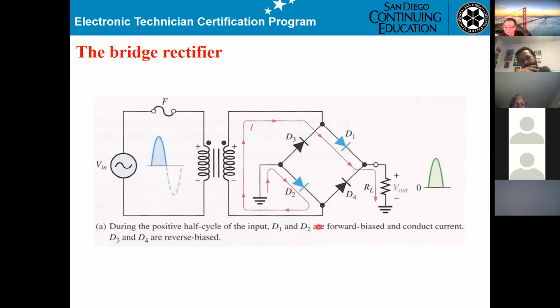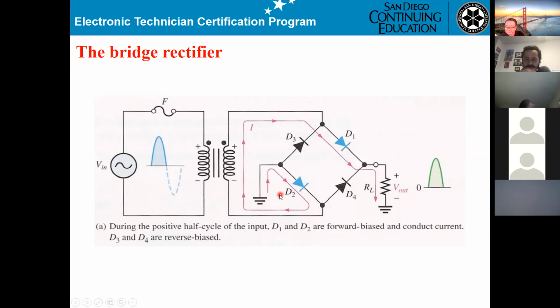I understand it connects here, right? Yes, because the anode of D2 is at 0 volts, but the cathode is at a negative voltage. Perfect, that is right. The thing is you get a ground here, that means 0 volt here. However, the other side connects to the negative. If you get 10 volt peak to peak, then you get 5 volt here, then a negative 5 volt. So that's why D2 is on.